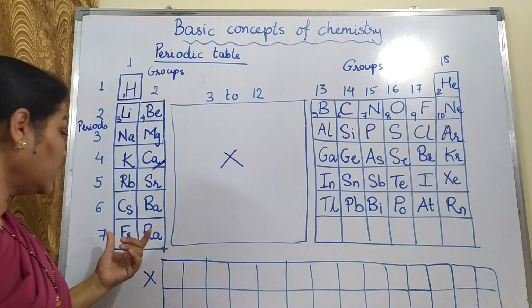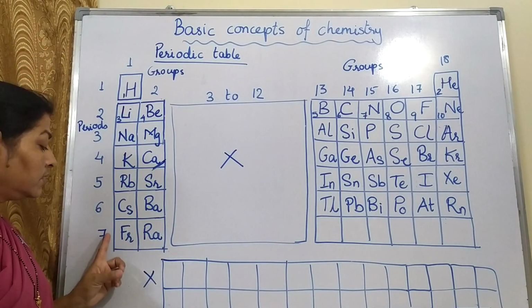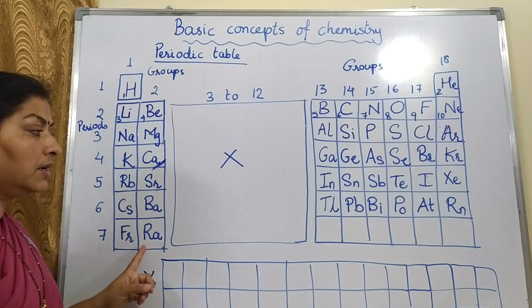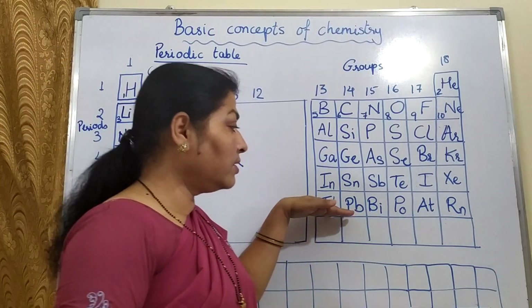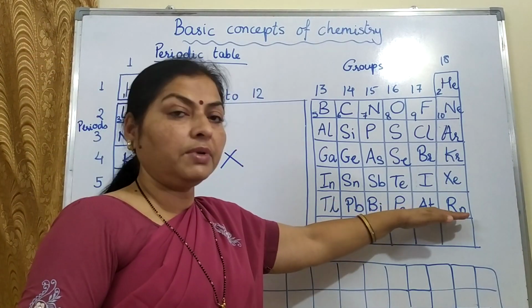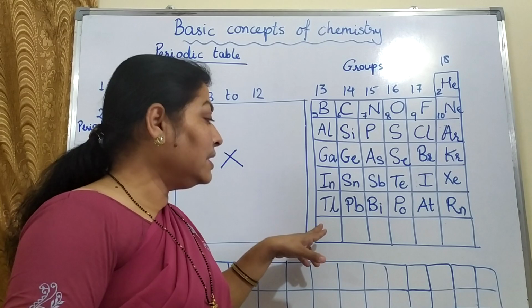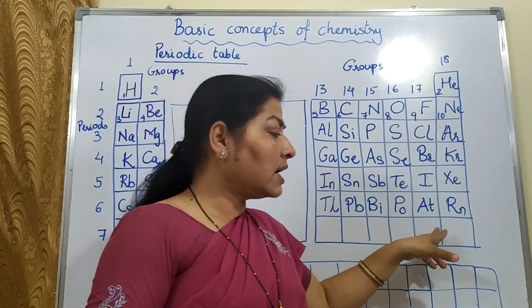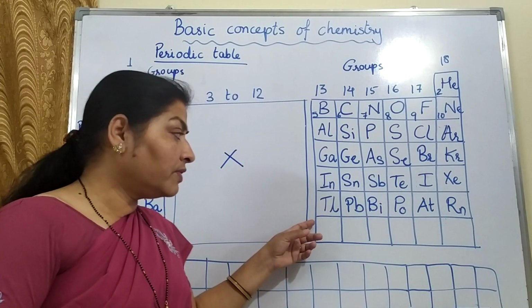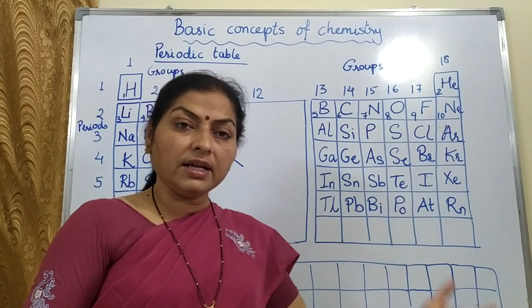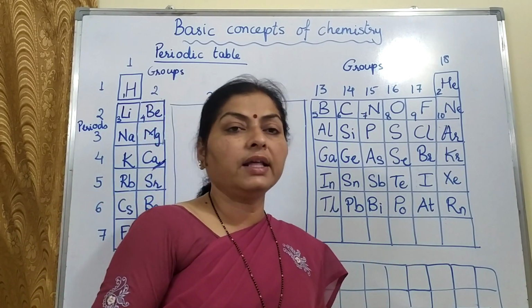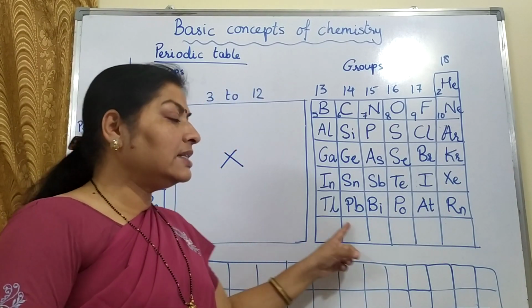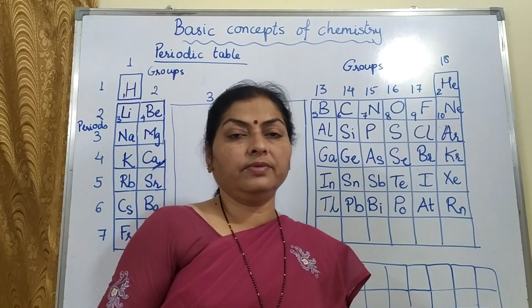Now you must be thinking that in the first two groups there are elements in the 7th period, but here we have remembered only till the 6th period elements. The reason is that some of these elements have original names, some have IUPAC names, and these elements are highly radioactive.